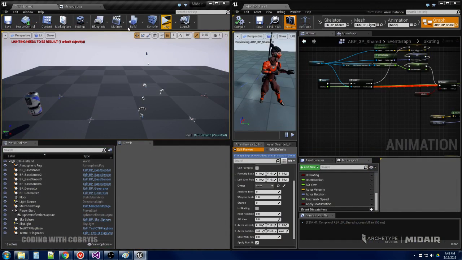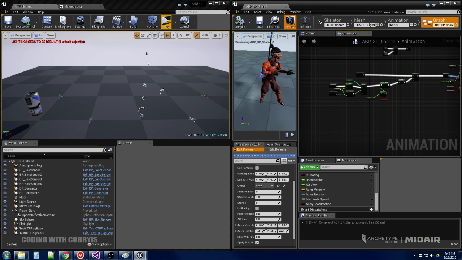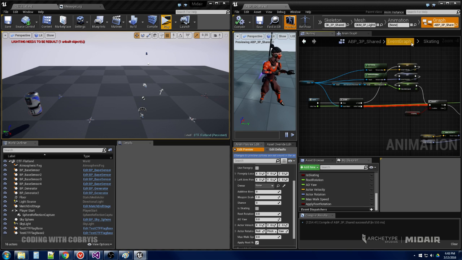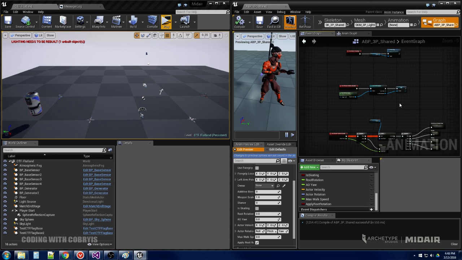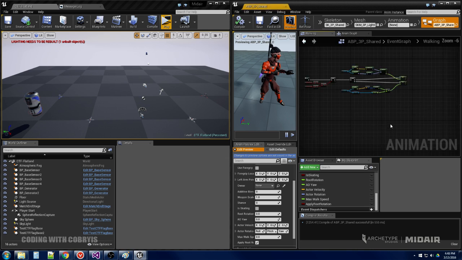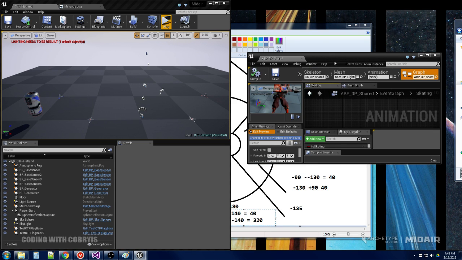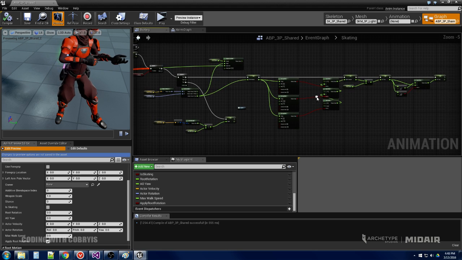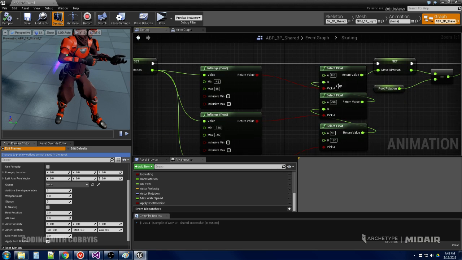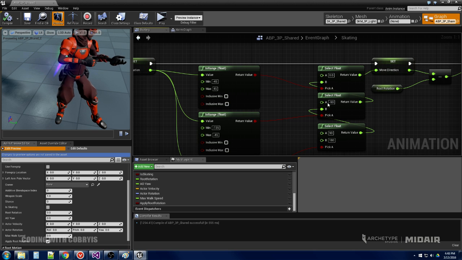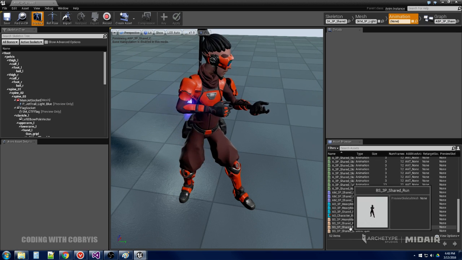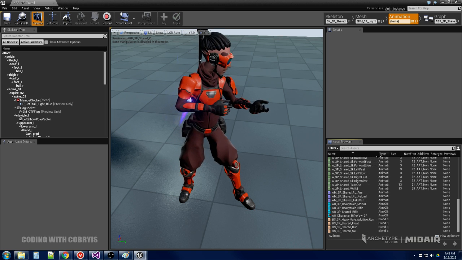Actually though, the blend space, remember how in the skating event graph, we're setting our move direction to a specific point on the animation that has a lot more depth to it than we're using.